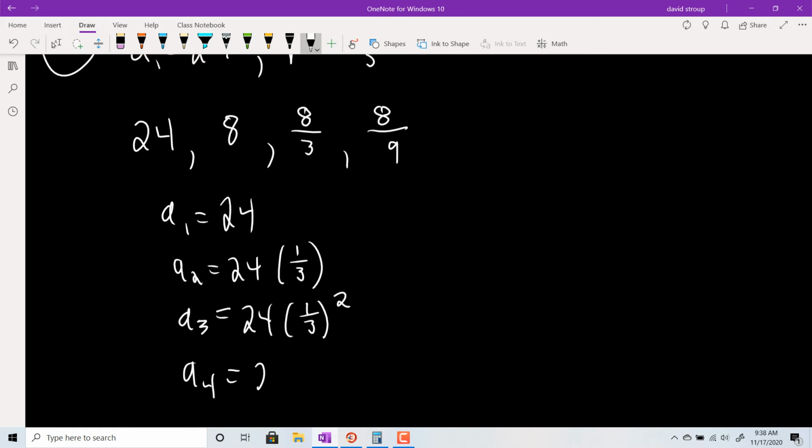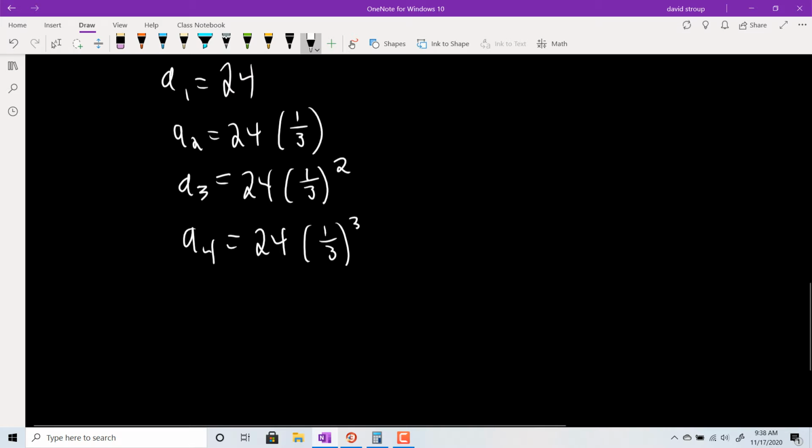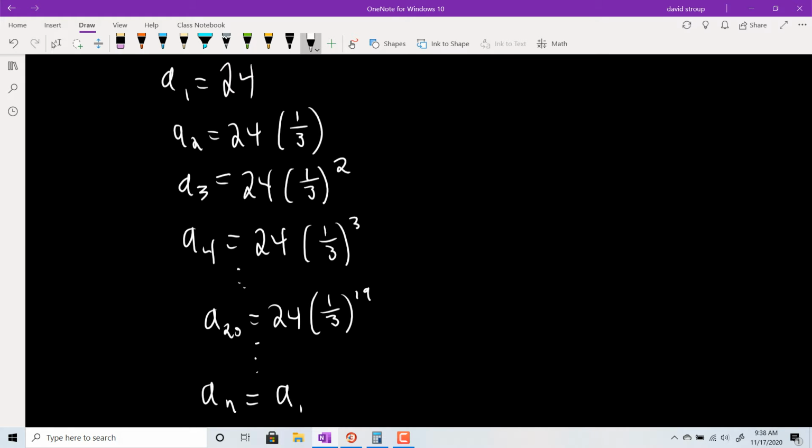A sub 4 will be 24 times 1/3 squared times another 1/3, which would be 1/3 cubed. And then, like a sub 20. What's a sub 20? Well, that'll be 24 times 1/3 to the 19th. It's always just a sub 1. So, in general, a sub n will be a sub 1 times 1/3 to the n minus 1.